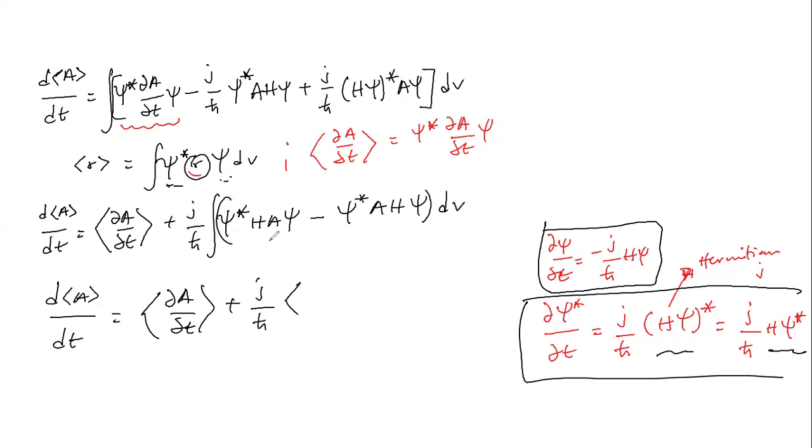So it means that this is the expectation value of the Hamiltonian and the Hermitian operator. Okay. So is this clear? Now, we already know that the quantum bracket of AH is the same as the commutator AH minus HA.